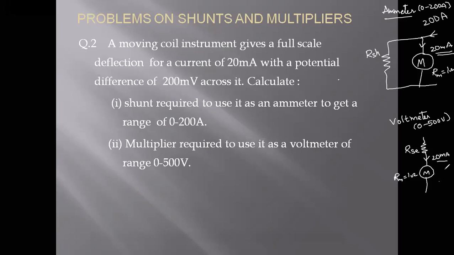Voltage across the meter is 200 millivolt. So Rm value is 200 millivolt by 20 milliamperes, which is not 1, sorry, it is 10.